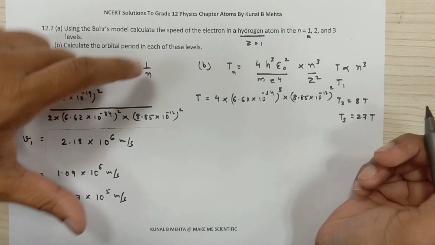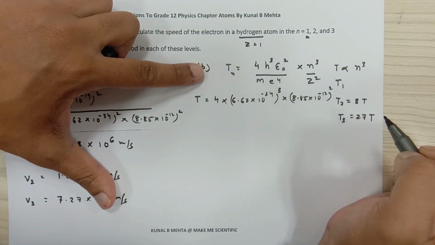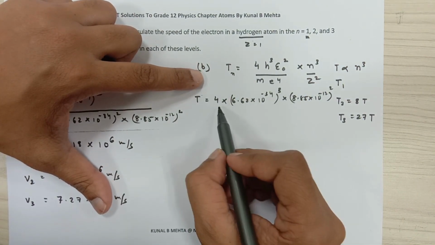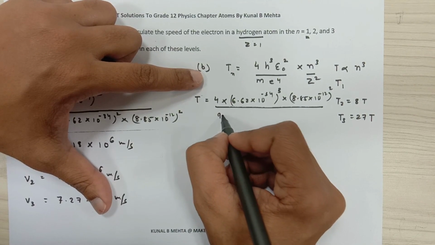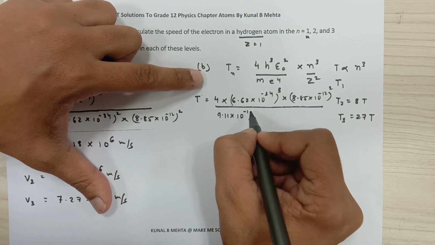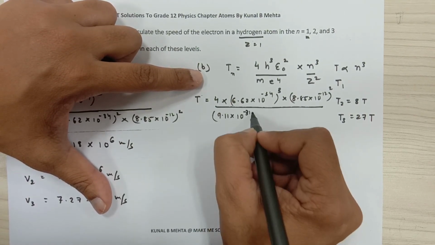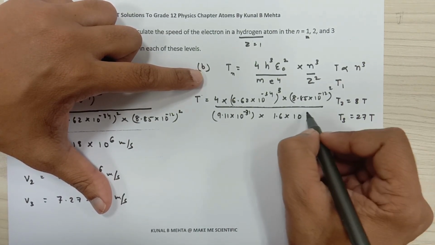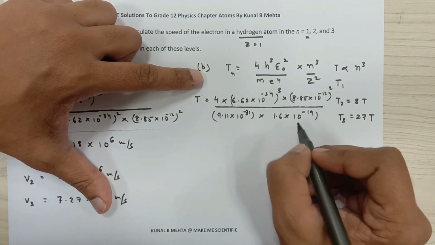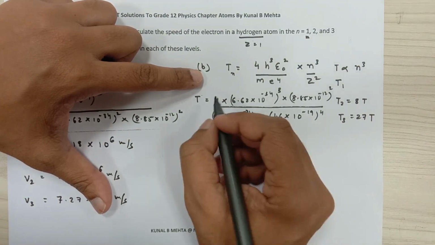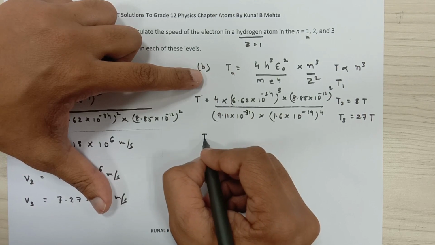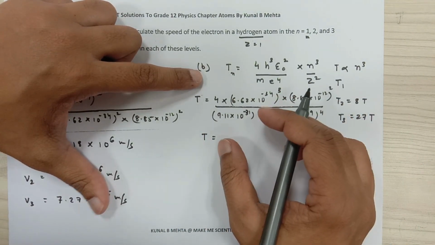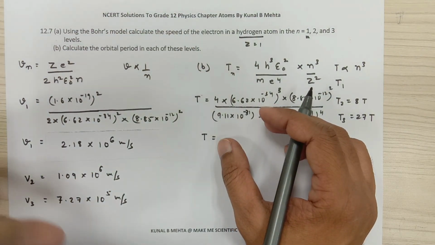This is squared. n and Z both are 1 for the electron in the first orbit of the hydrogen atom. The mass of the electron is 9.11 into 10 raised to minus 31 kilogram, multiplied by the charge of an electron, 1.6 into 10 raised to minus 19 coulombs, and that too to the power 4. So guys, be very careful in the calculation, right? I have already solved this problem, so directly I am going to write the answer. You may choose to do it with the help of a calculator and verify this answer.